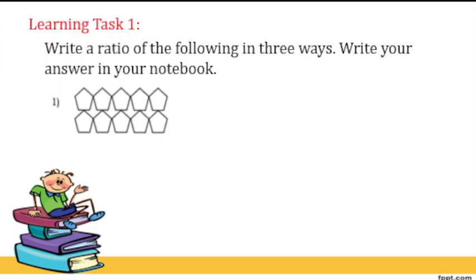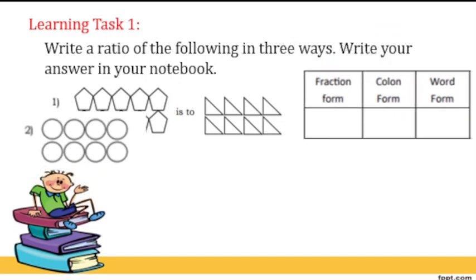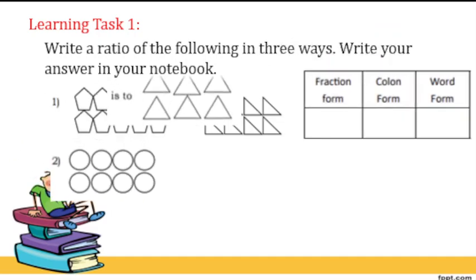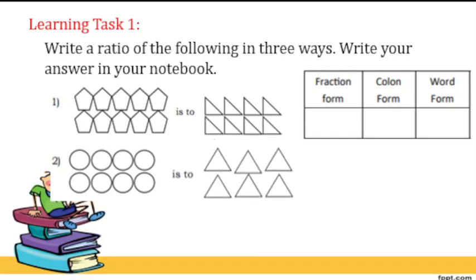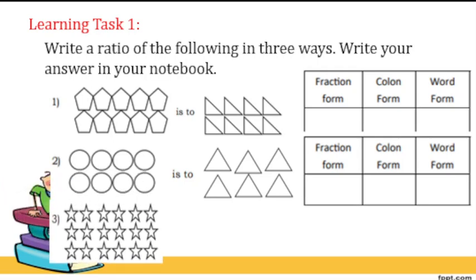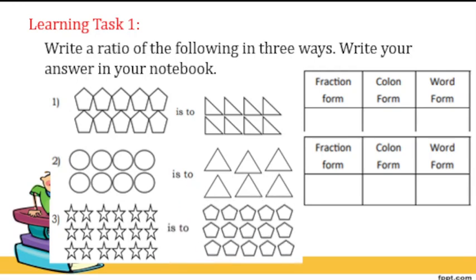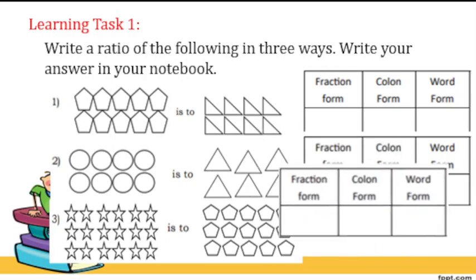You have 10 pentagons to 8 triangles, then 8 circles to 6 triangles, and then 18 stars to 15 pentagons.